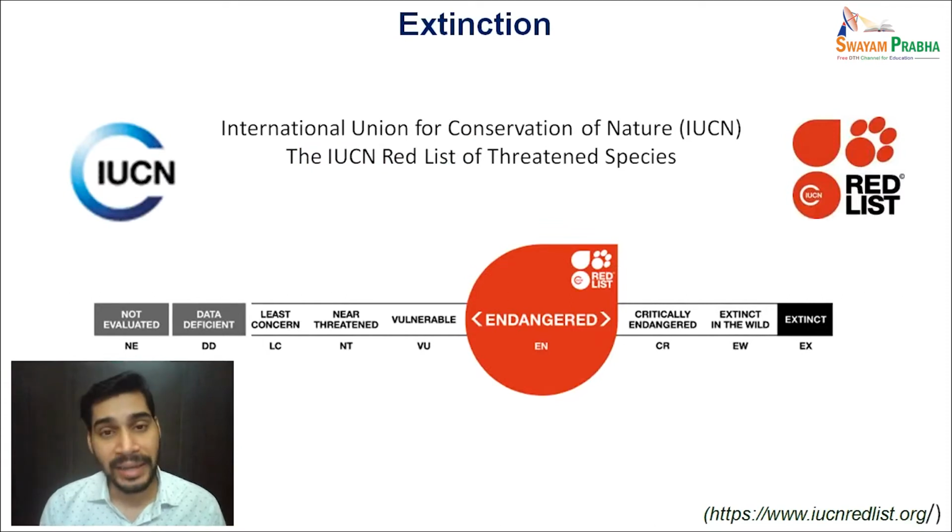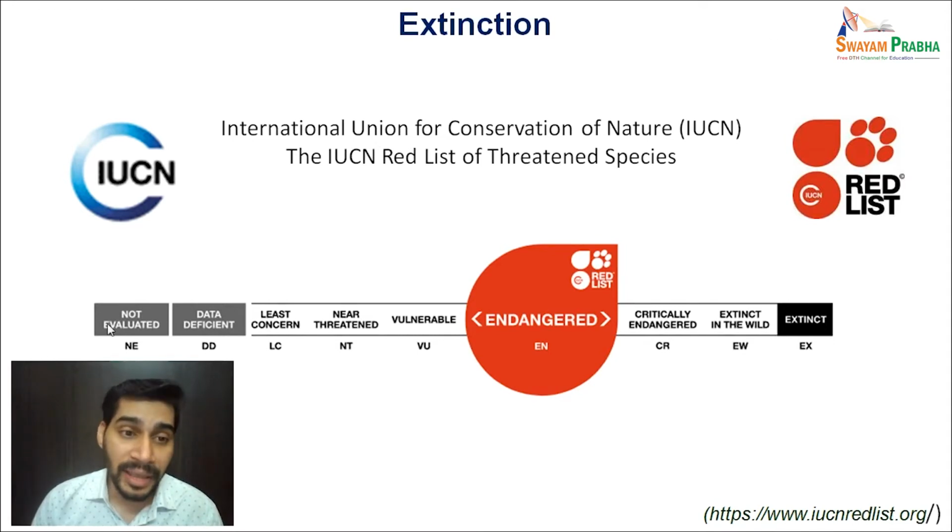Now, IUCN has prepared a list of threatened species which is called the Red List. All the organisms have been categorized or classified according to their status. Now, this status is with respect to their extinction or their vulnerability towards extinction.